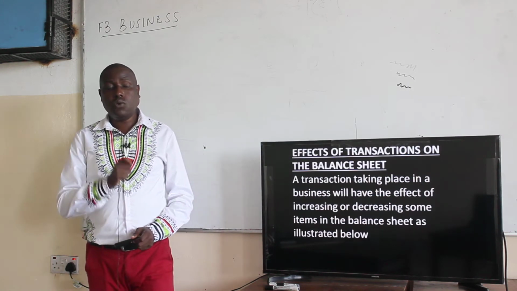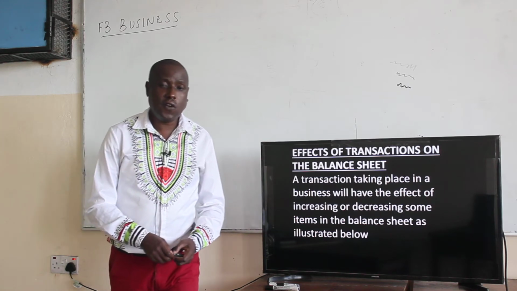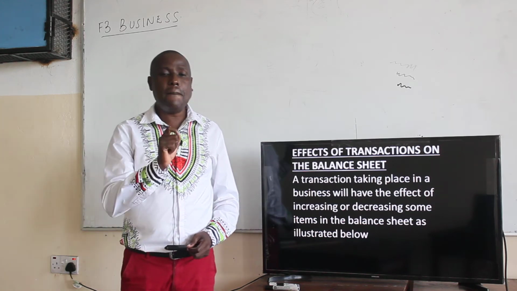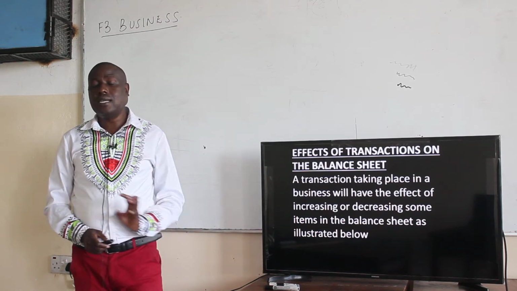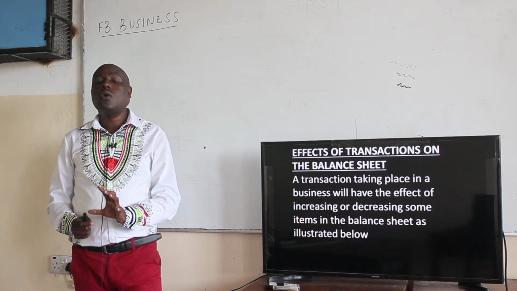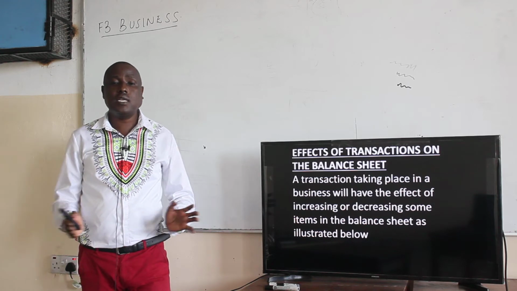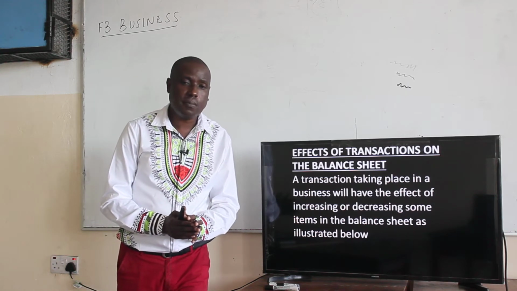Now, next we want to look at the effects of transactions on the balance sheet. There are various transactions that take place, right? We want to see how they affect the balance sheet.